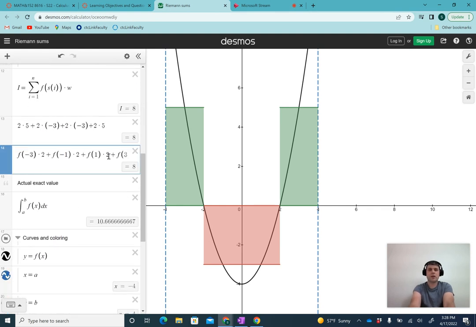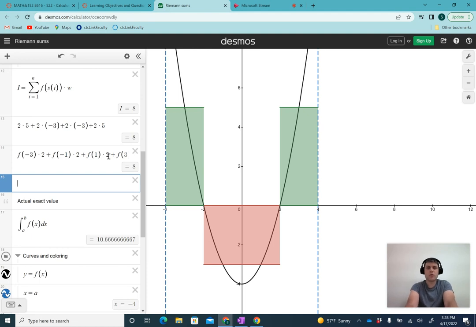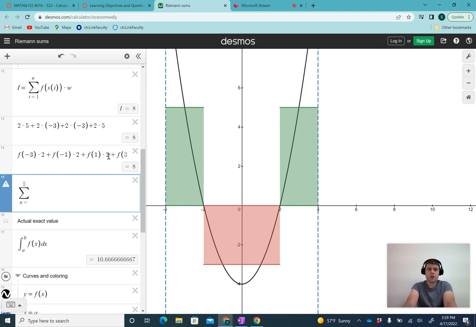Next, we want to make it even more general. What if, instead of 4 rectangles, there are 100 rectangles? Then what do you do? Well, the sum will be written with indices that tell you how many terms you're adding and which term you're at, and you can start counting those numbers using different indices.